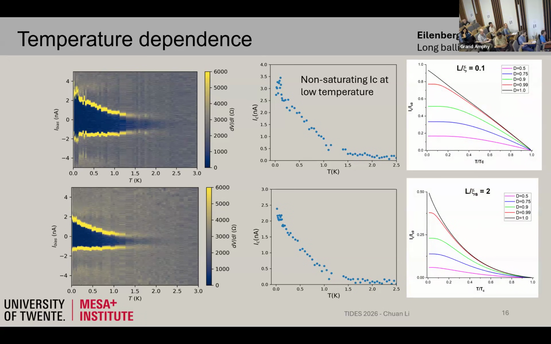That's quite typical behavior. And actually, if you compare to some simple simulations, just look at the shape, what they need to be, at least in this long junction regime, to match any of this non-saturating behavior.